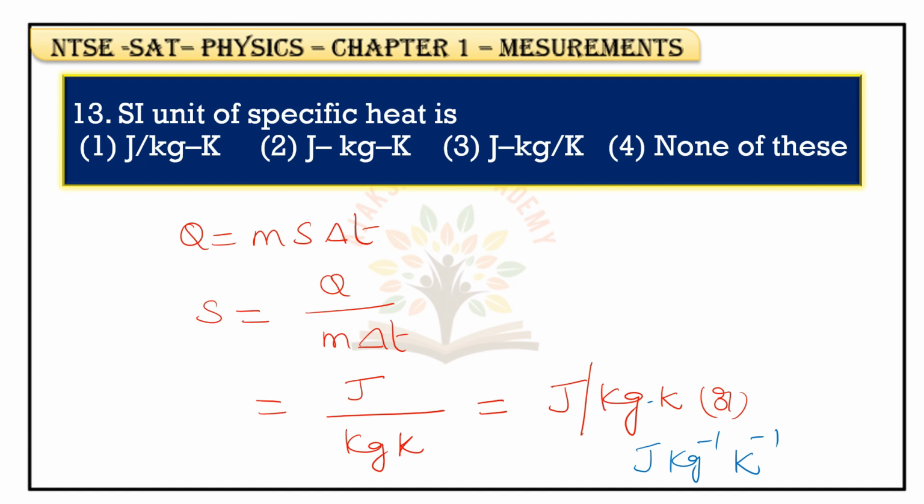First one is correct. So SI unit of specific heat is joule by kilogram Kelvin, or joule kilogram inverse Kelvin inverse. Okay.